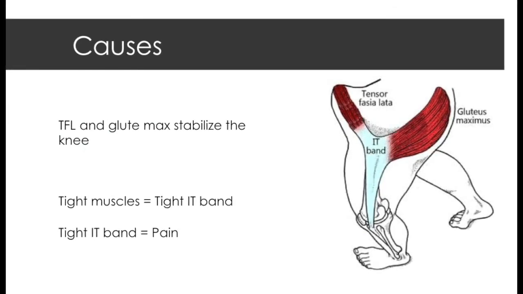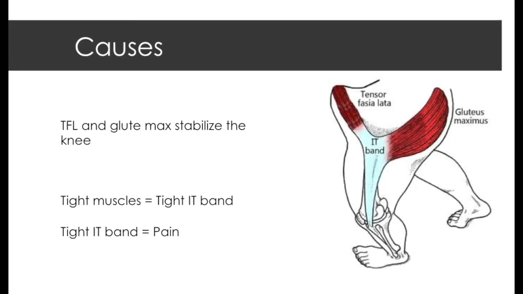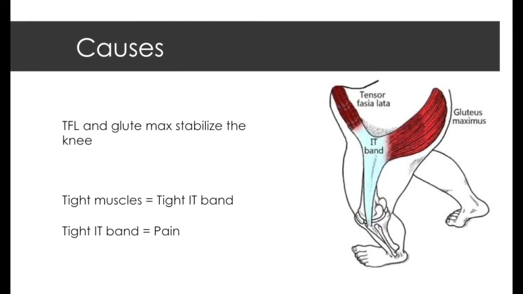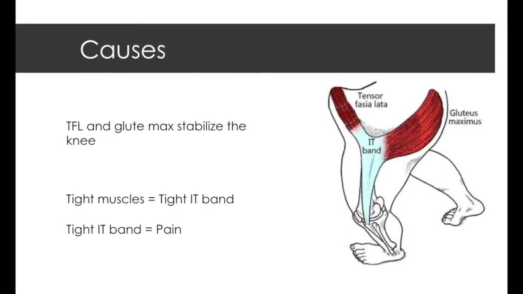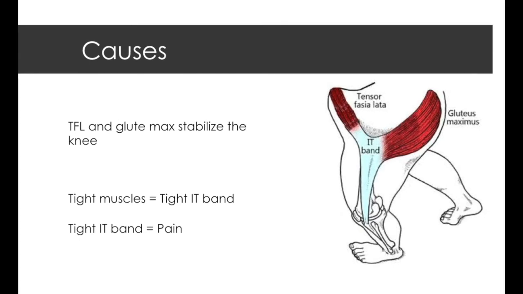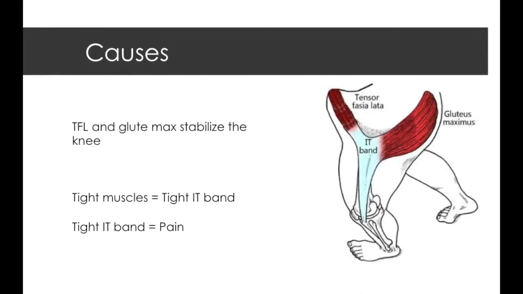On top of the friction against the lateral femoral epicondyle, muscle tightness is also a cause of IT band syndrome. The TFL is a hip flexor, which also helps with stabilizing and extending the knee due to the IT band crossing the knee joint.